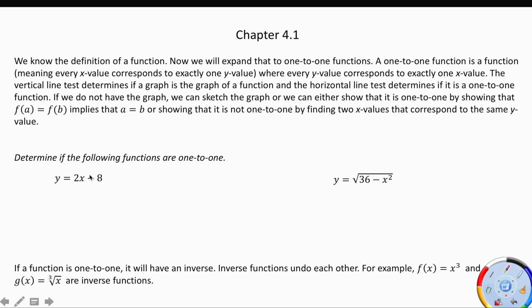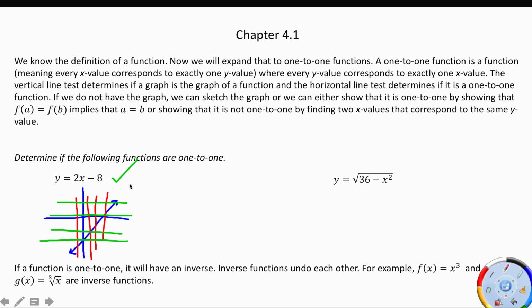And again, we know it's a function because it passes the vertical line test. Now we know it's a one-to-one function because it also passes the horizontal line test. So yes, this one is a function.